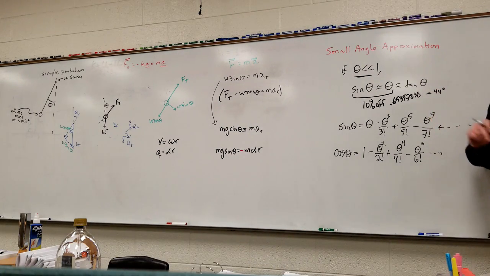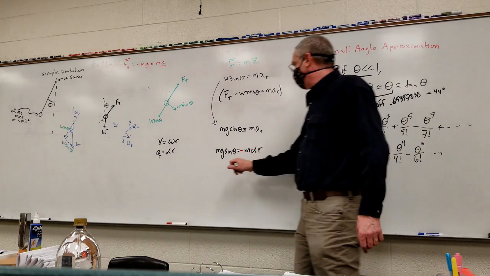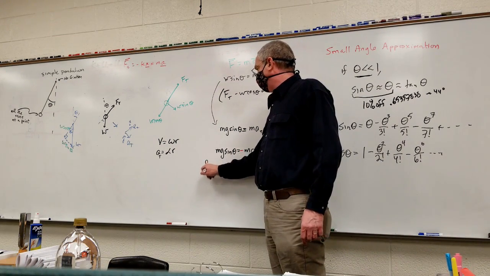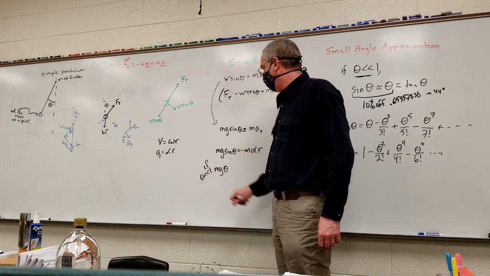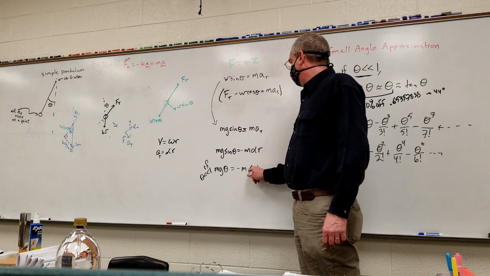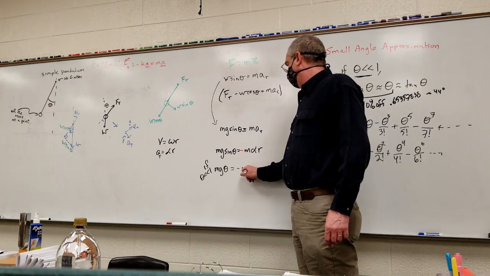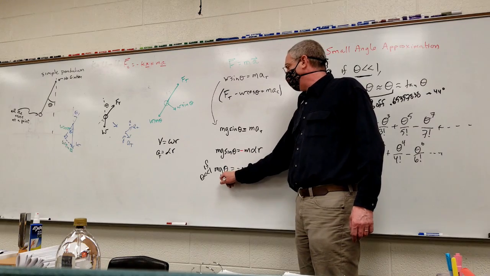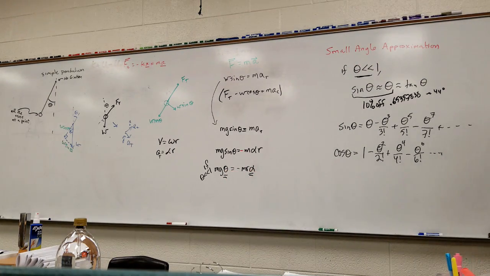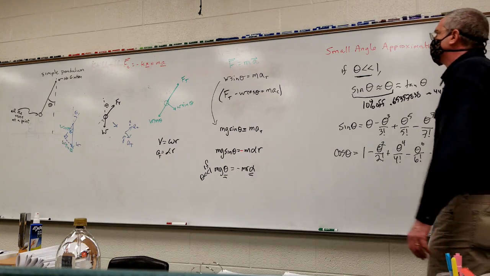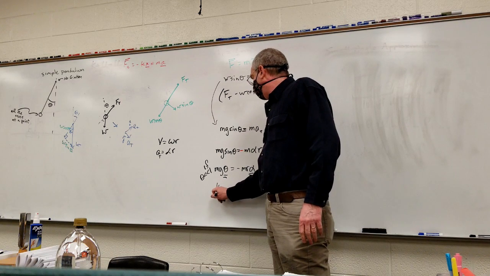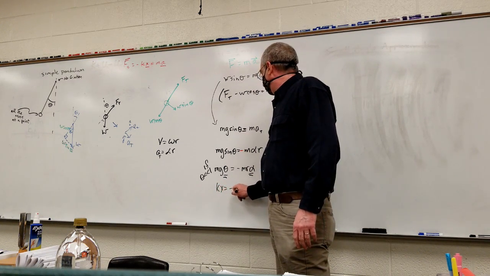So if the angle is small, then this becomes mg theta. So again, if theta is small, it is equal to negative m r alpha. Now I have some function whose second derivative is on the other side, and I got a negative sign stuck in there. Compare that to what we had over there, where I had kx is equal to negative ma.